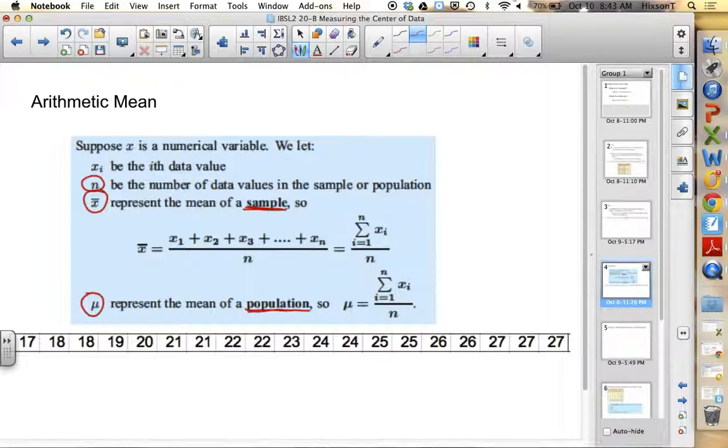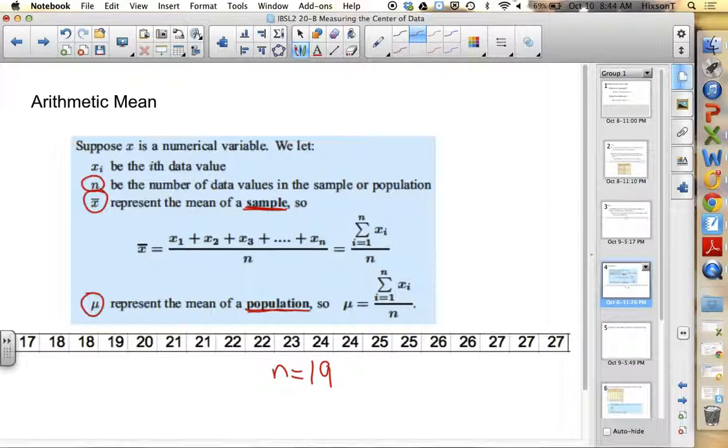So if we're finding the mean here, we would add up all those numbers and then divide by 19. If we added those all up, we'd get some number and then divide by 19. You guys know how to do that, so we're not going to waste the time doing it.